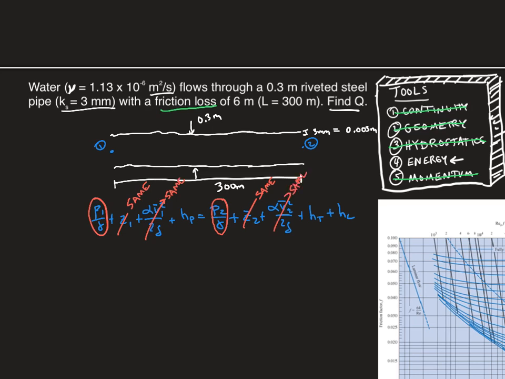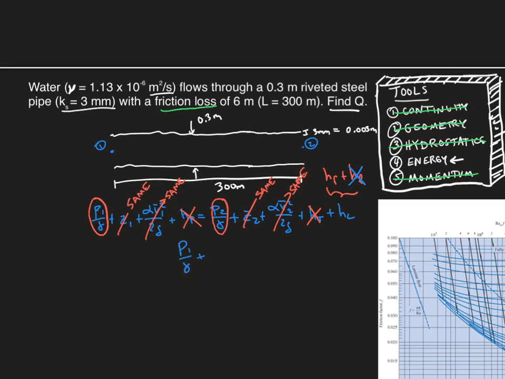There is no pump. There is no turbine. And this head loss, for now, we're going to split up into HF plus lowercase h l. And of course, we're not dealing with those minor losses yet, so this goes away.